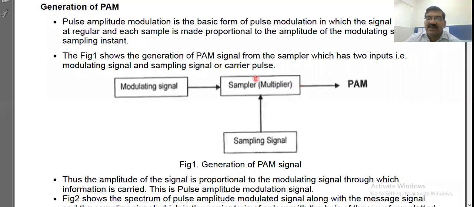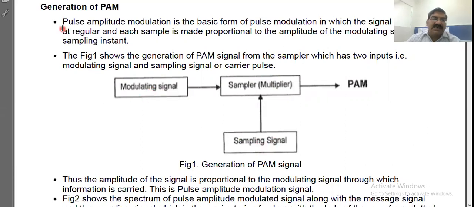And here, this is your sampling signal. The sampling signal is a train of pulses, continuously. So the multiplication of the sampling signal and the modulating signal is done.